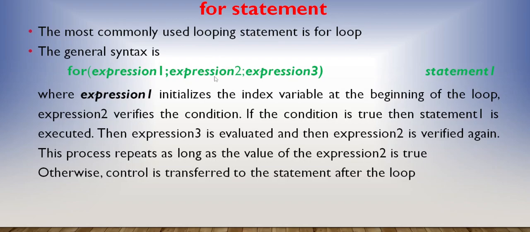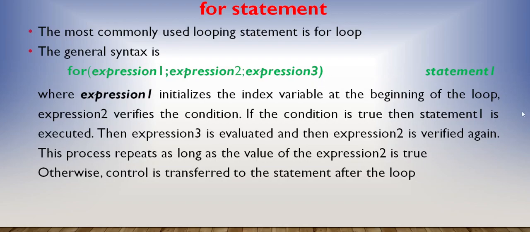If the value of expression 2 is false, the statement will not be executed and the control will go out of the loop. After executing the statement, expression 3 is evaluated. So what is the order? Expression 1, expression 2, statement, and then expression 3.